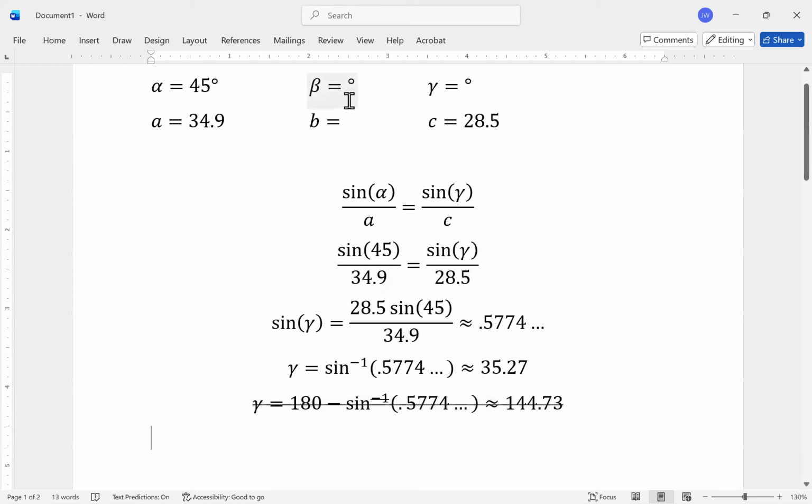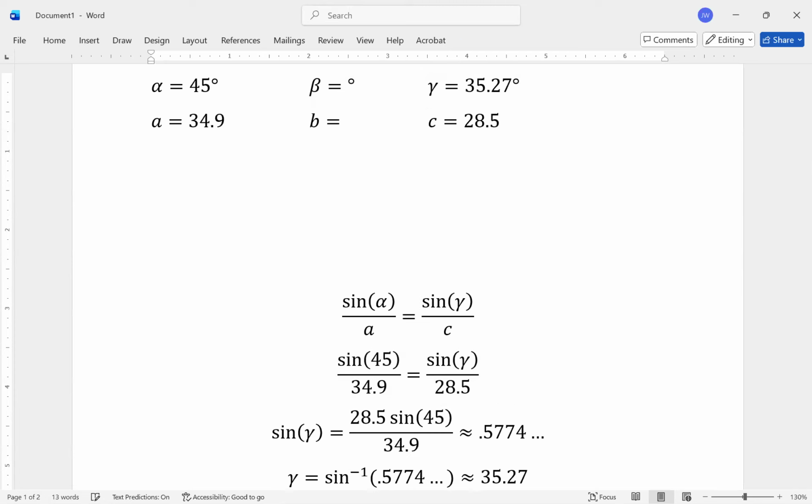We're only going to have one option for my gamma that works, and that is the 35.27 degrees. Now that I know that, I can solve this single triangle by using the tools that we already know.